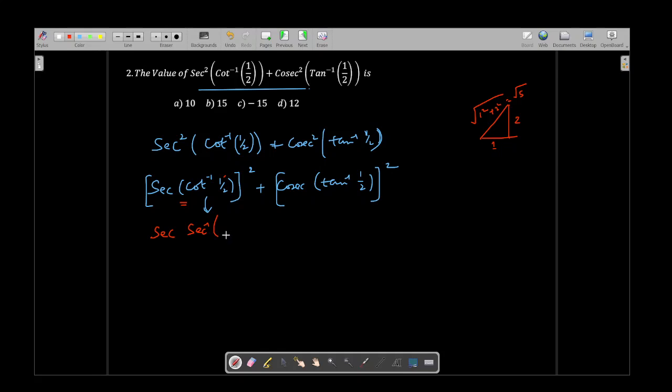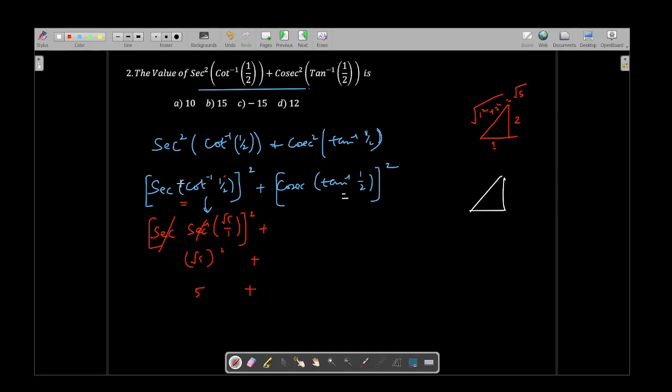Secant inverse of secant is hypotenuse by adjacent, root 5 by 1. This is whole square, so I can cancel secant and secant inverse. So I'll get root 5 whole square, which is 5.